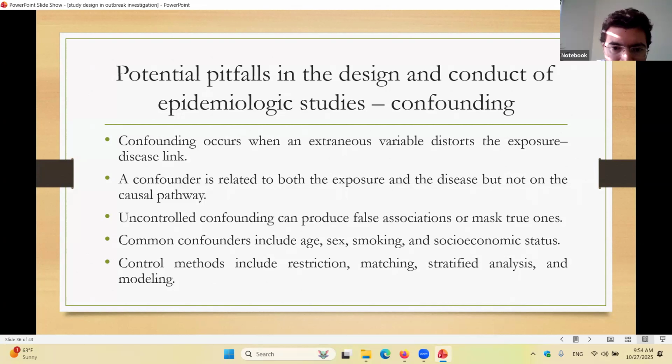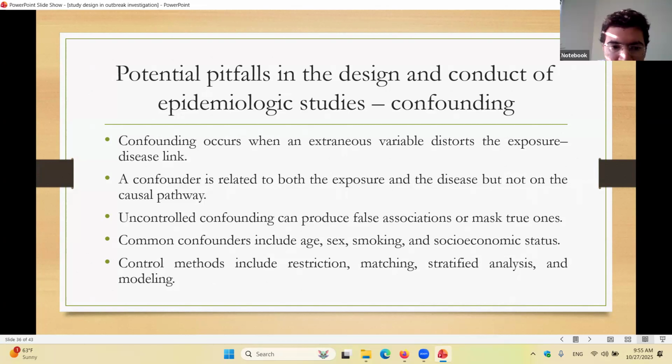Uncontrolled confounding can produce false associations or mask true ones. Common confounders include age, sex, smoking, and socioeconomic status. Control methods include restriction, matching, stratified analysis, and regression modeling.